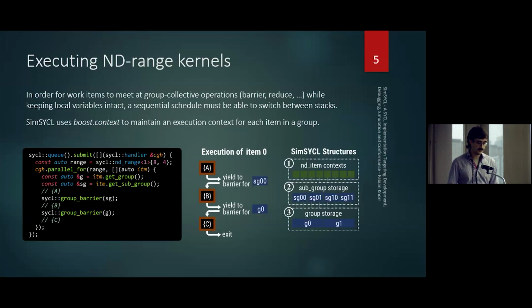This has the advantage that, first, everything's in a single thread, so we can easily step through a kernel with a normal debugger. It also allows us to detect if the user invokes the kernel's collective functions in the right manner, and if all work items eventually arrive at the same collective operation, group operation.